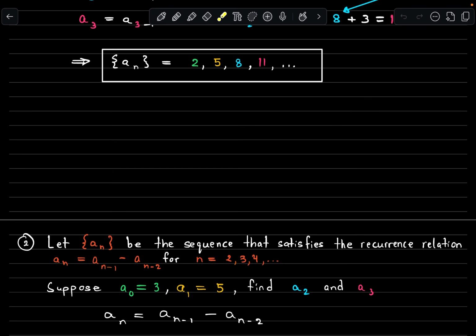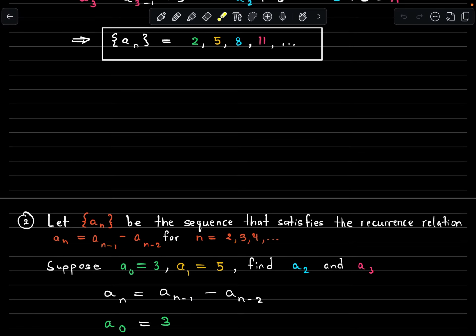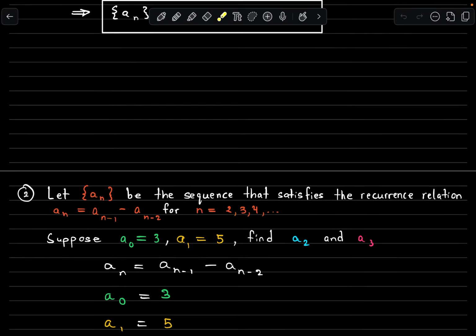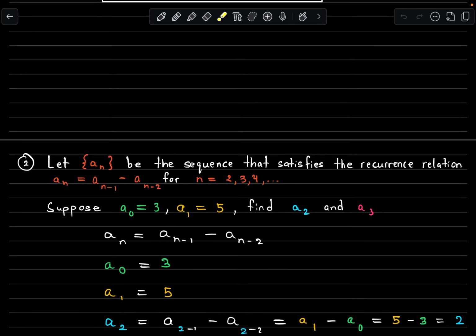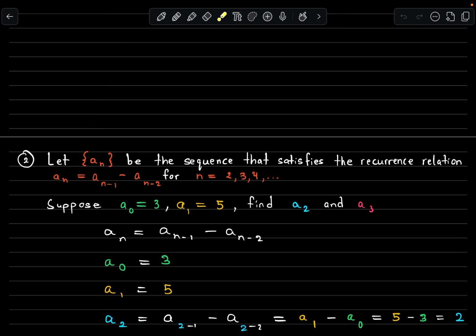Okay, so just to reiterate, this is saying take the previous term and subtract from that the term that came before it. So for A0 we have 3, A1 we have 5, A2 is going to be the difference of, well, A1 and A0, 5 minus 3. That difference will be 2.